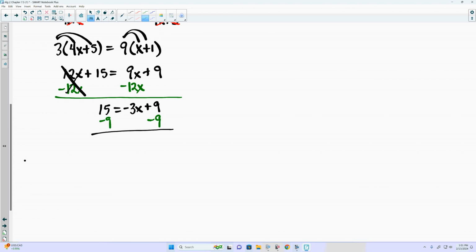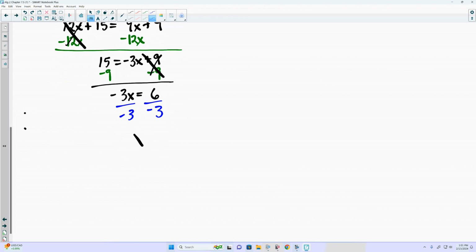So we want to get our constant terms on one side. What that'll tell us is that negative 3x is equal to 6. And last but not least, to solve for x, we would divide by negative 3, because we want to know what the value of positive x is, telling us x is negative 2.